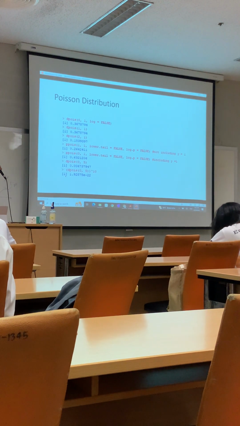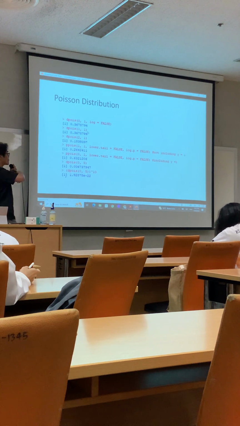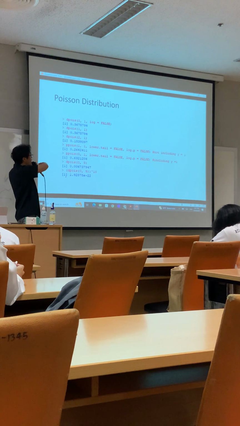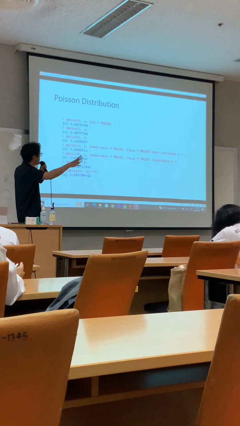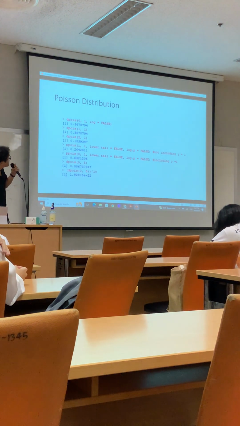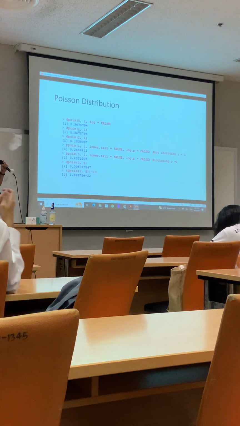Now you can see that in the second command, I no longer specify log equal to false, because we do not want log, and that is the default setting. Even when we don't type it in, it is still set to log equal to false. So we can just say Poisson 1 and 1, so y equal to 1 when lambda is 1.